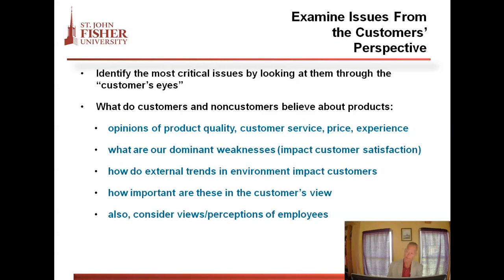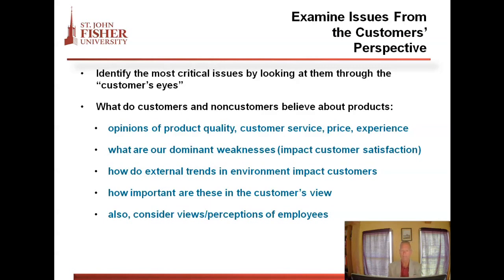You can't think, well, our customers don't know what they're talking about. If your customers say you don't have as good a quality as you think you do, then you don't. If your customers say your price is too high, now of course customers are always going to say your price is too high, but you really have to look internally and not just dismiss that.